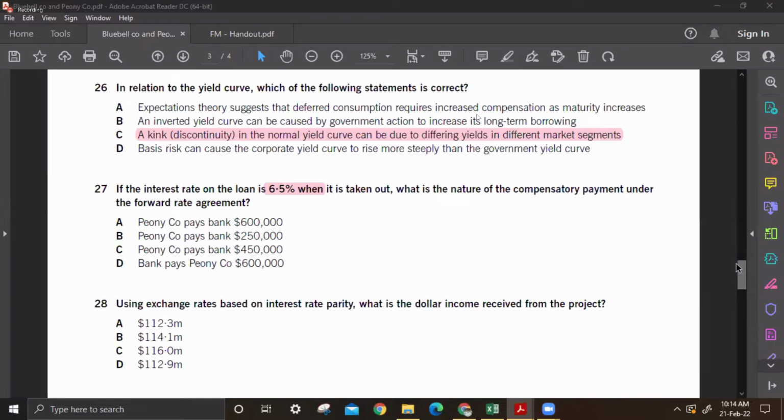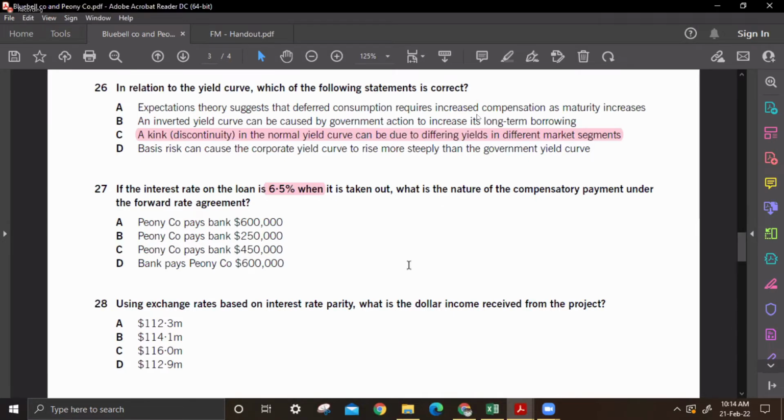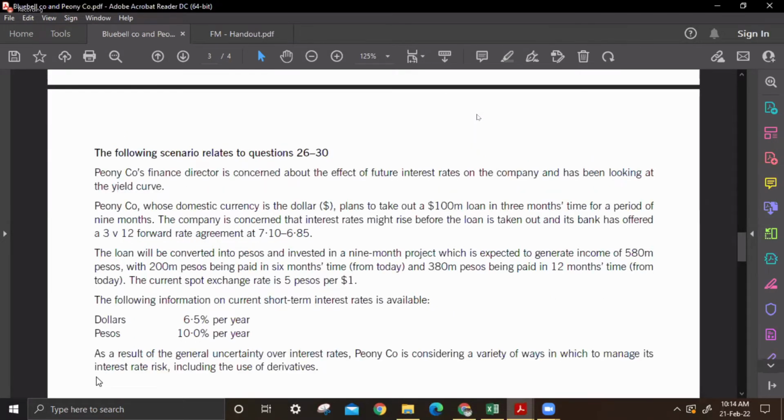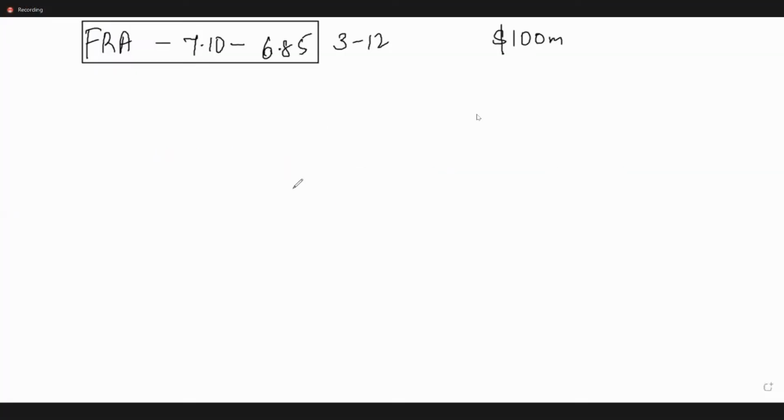Now let's talk about the amount. So how does this work? Calculate the interest amount. You are thinking from the point of view of Peony company, right? So Peony company thought that the interest rates will go up to 7.1%. But what happened to the interest rate?